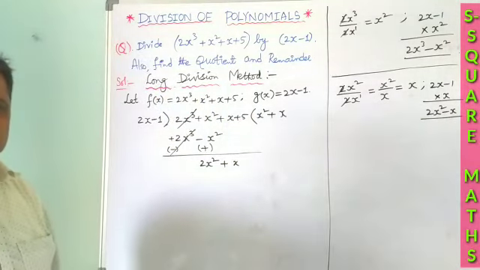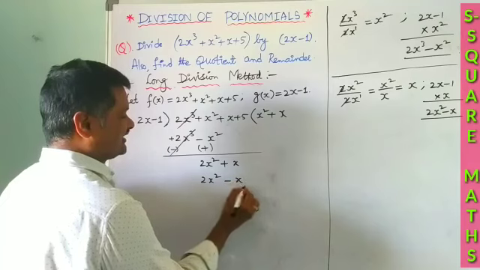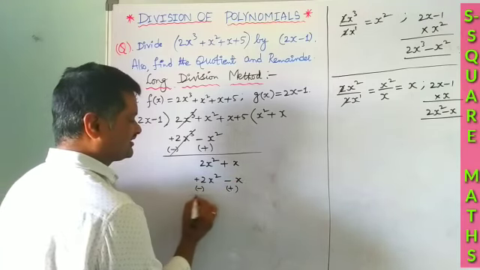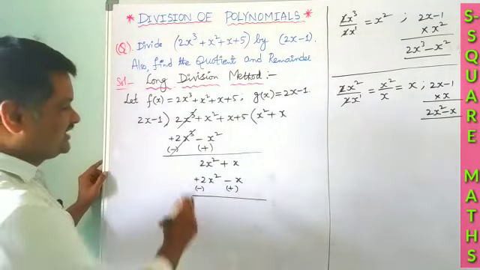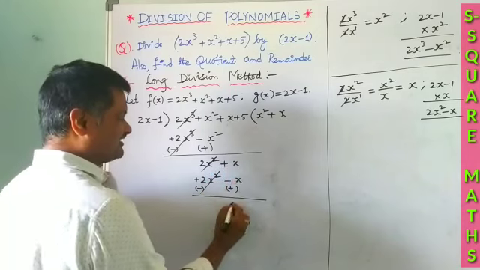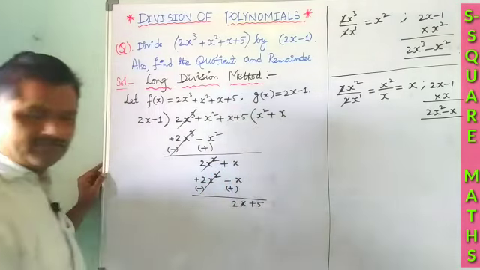Then we change the sign to minus, and here it is plus. So 2x square minus 2x square gets cancelled, and x plus x is 2x, and here it is 5, because it should have two terms.